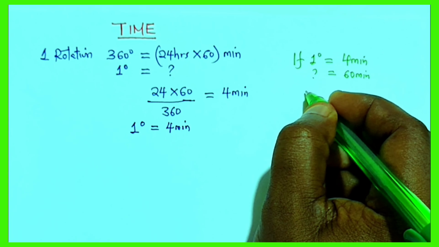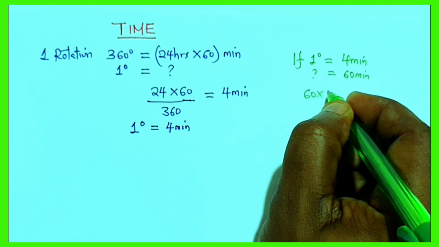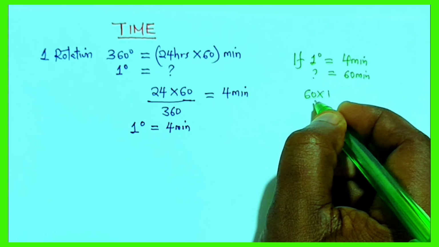So on cross multiplication, I'm going to have 60 to multiply 1 and then divided by 4. So you're going to get 15 degrees. So therefore, each time zone is 15 degrees wide.